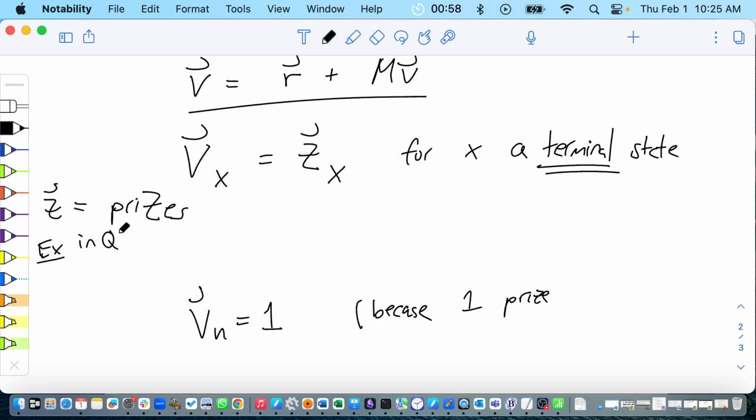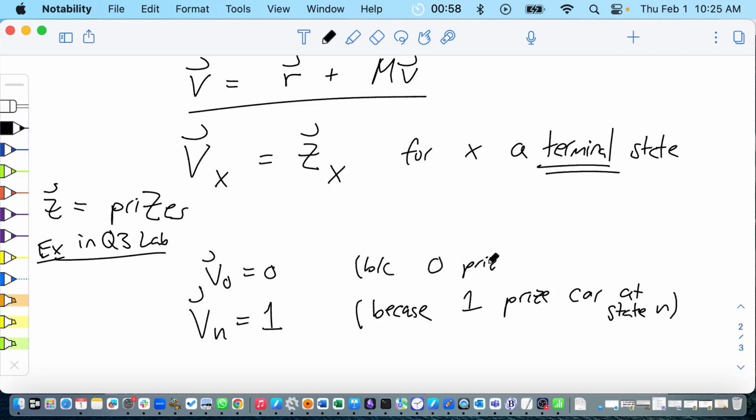In question 3 from the lab, you get one prize car at state n, and you have v of 0 equals 0 because 0 prize cars at state 0. And in that question, there were no other prize cars. You only get a car at the end. There were no rewards at all in that problem that were ongoing.